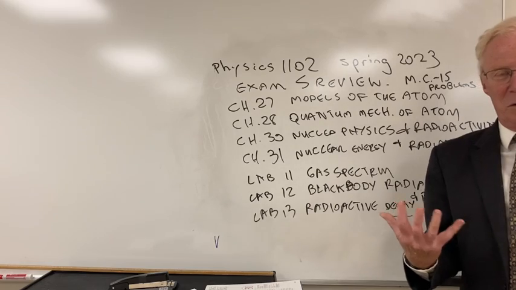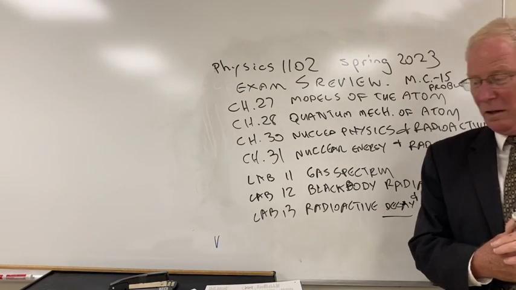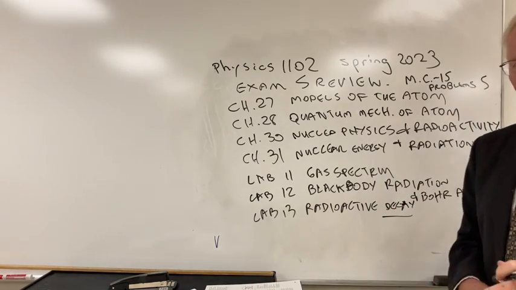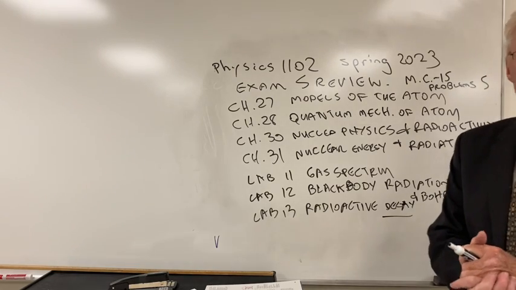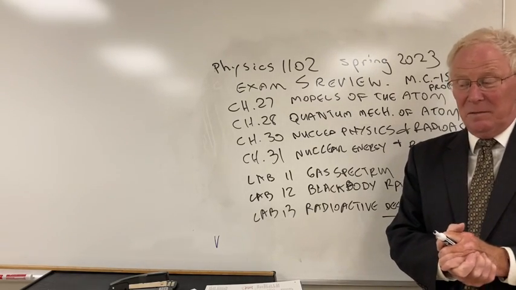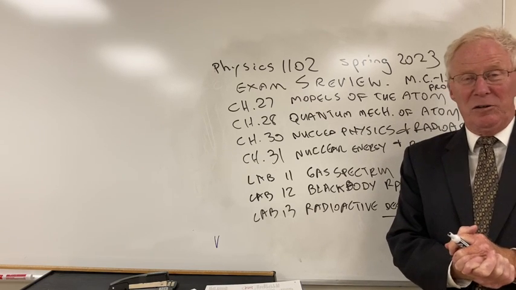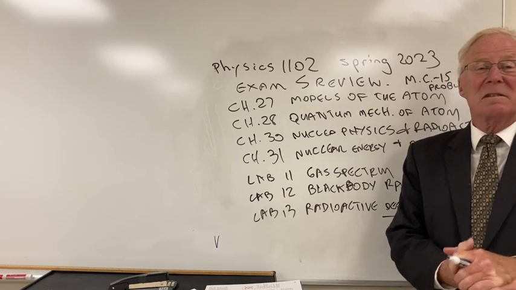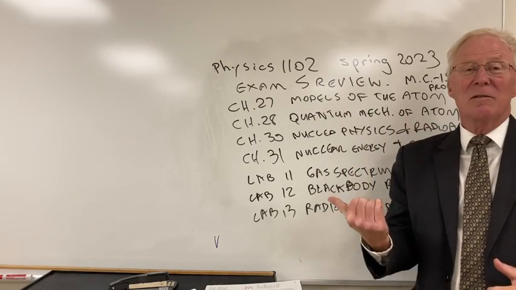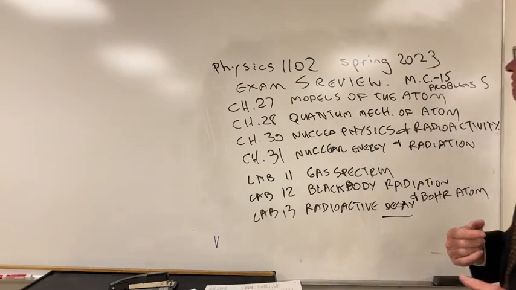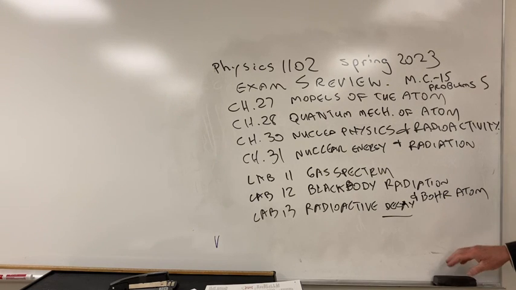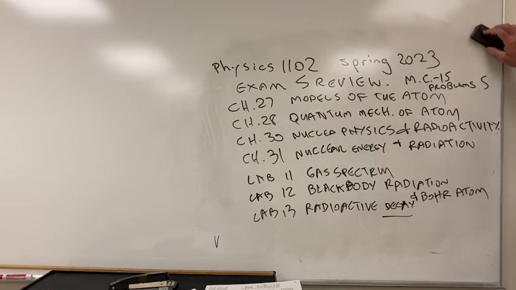Again, we're dropping the lowest exam score out of the 5, and then the final will be comprehensive. I'm not going to do a review for the final. The final is approximately 100 questions, all multiple choice, covering all the topics from the year. So, check the date for this exam, and let me know if you have any questions.